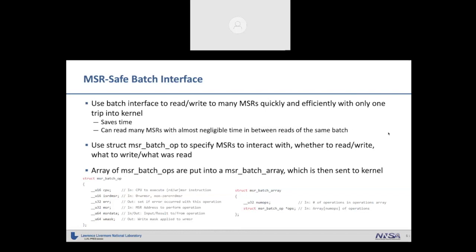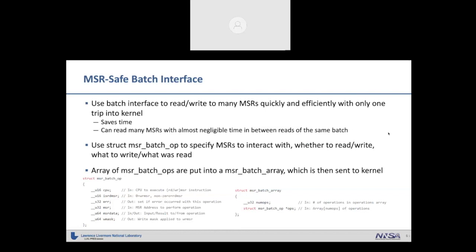The third one is checking for errors. The fourth one, where it says MSR, is just the hex value for that MSR. Then MSR data is either what our results were or what we inputted for that MSR, such as changing options. And then the write mask was what we applied to the MSR for writing.